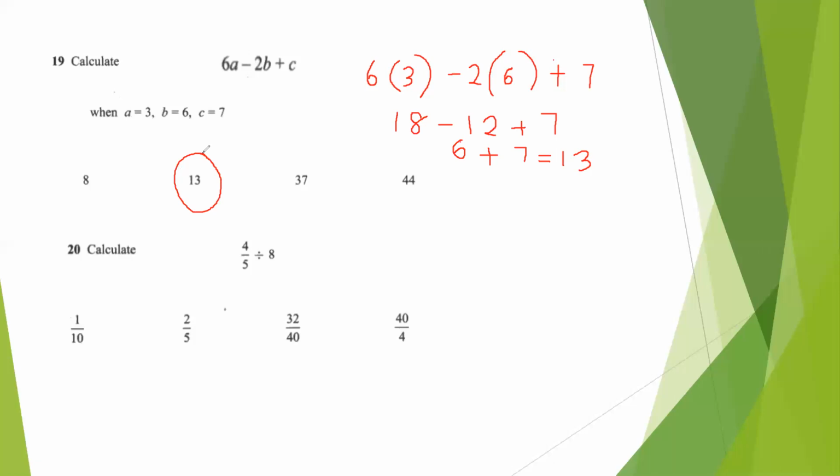The 20th question, calculate 4 out of 5 divided by 8. Now we know when we do fractions, when there is a division, that division you have to change into multiplication. So how do we change a division to multiplication? By taking the reciprocal.